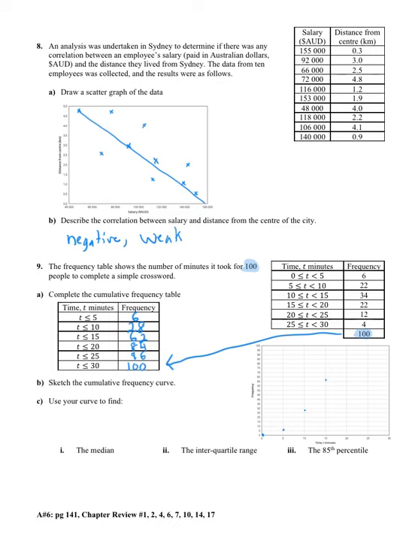When we get to 20, we're at 84. At 25, we're at 96. And at 30, we're at 100. And then we just sketch our line that goes through those points. That's kind of what our cumulative frequency curve is going to look like.